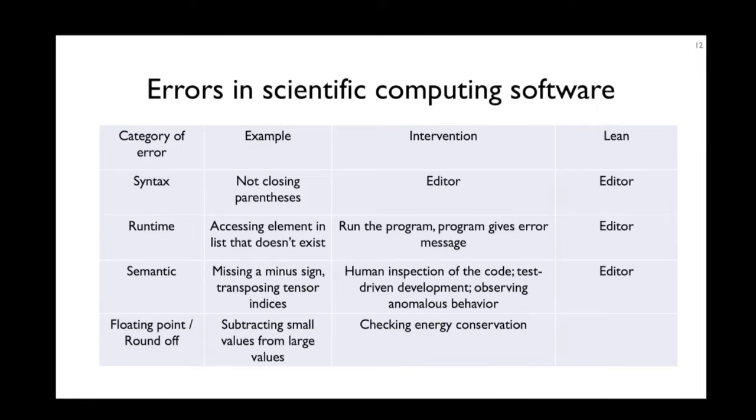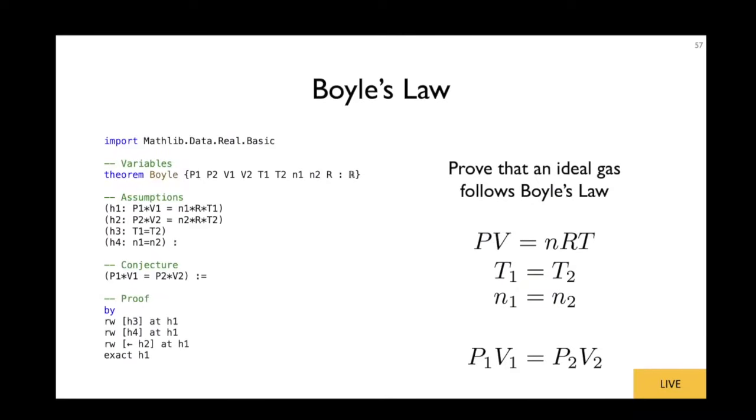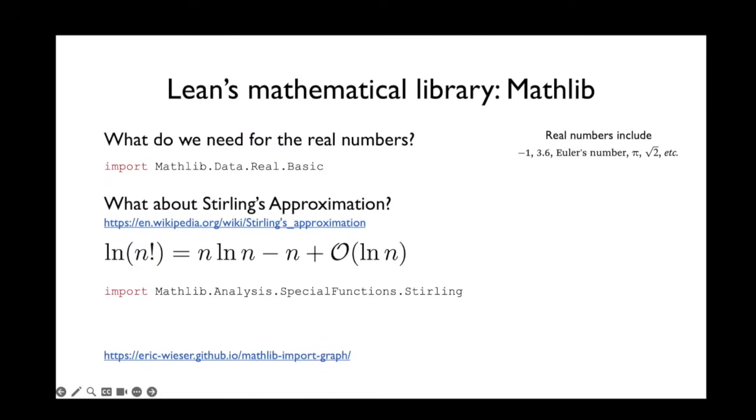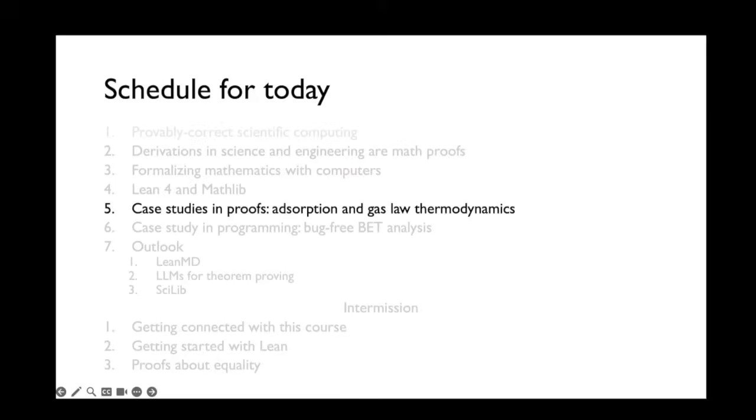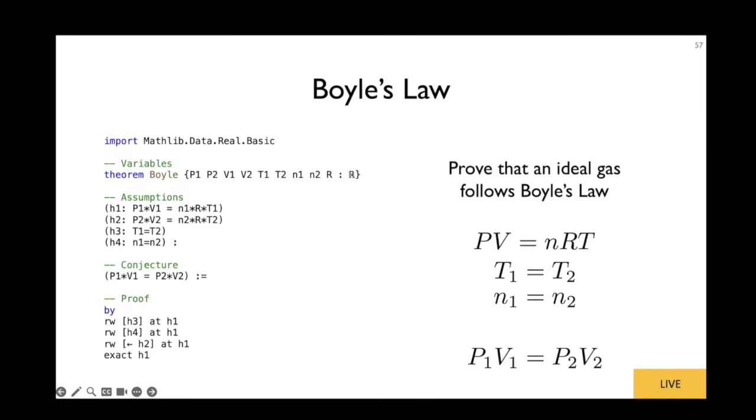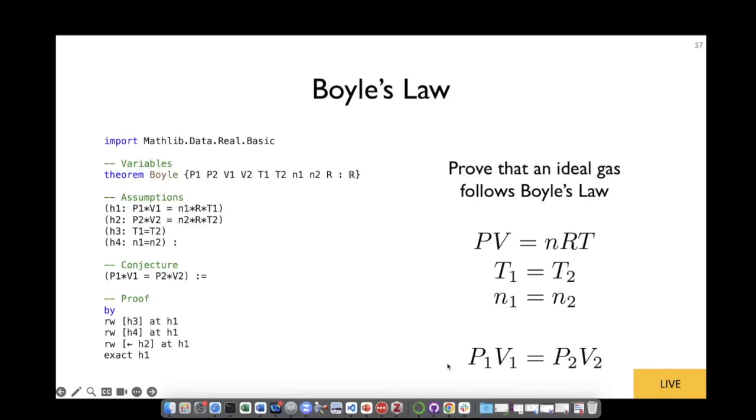All right, I'm going to now show you a little bit more of what Lean. Actually, no, I'm going to save this for later. It's time to do a very simple proof in Lean.